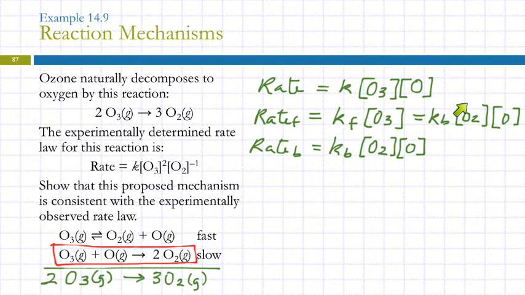Following? So I'm going to take this equation right here, and I'm going to solve for O, because that's the problem in the rate law predicted by the mechanism: it's got the concentration of an intermediate. So O is going to equal this side divided by Kb and divided by O2.